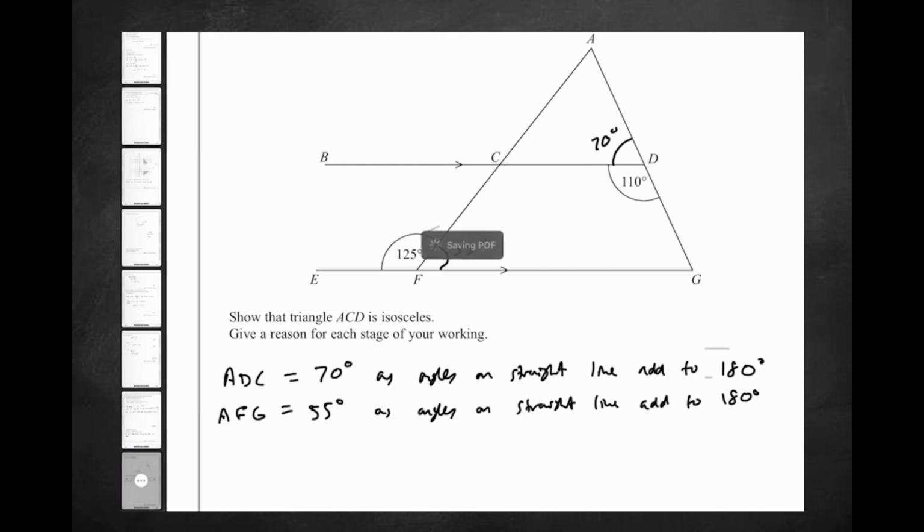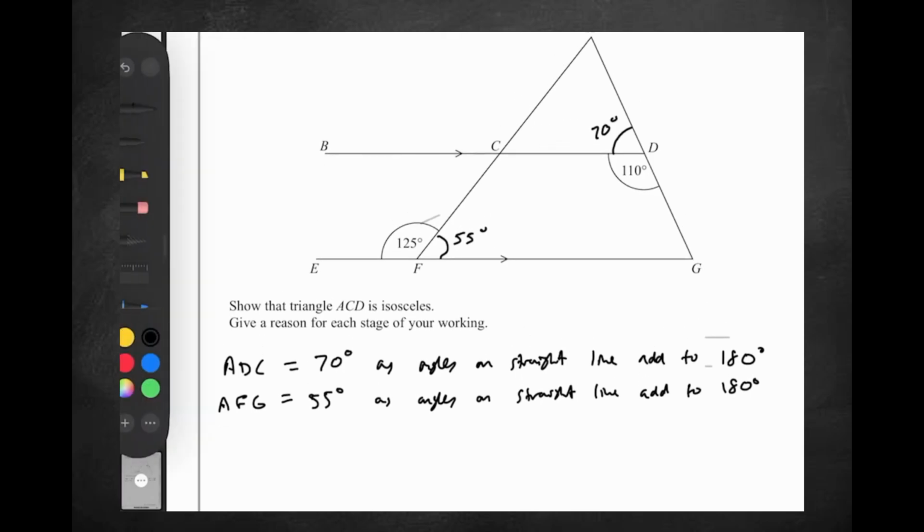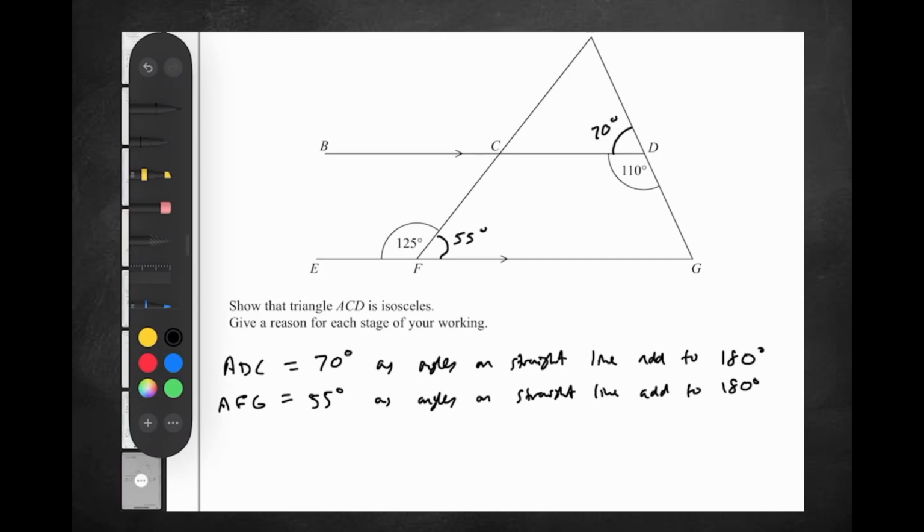Then, as the lines are parallel, AFG and ACD are similar triangles, as we have parallel lines going through both of them, and they're at the same starting point. We know that ACD is 55 degrees.